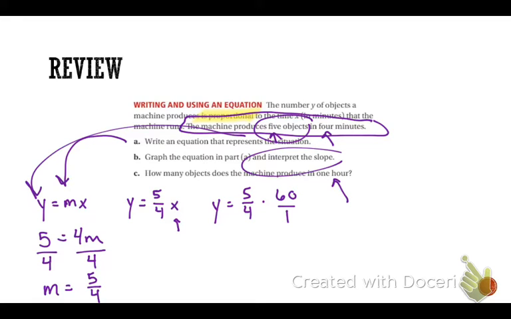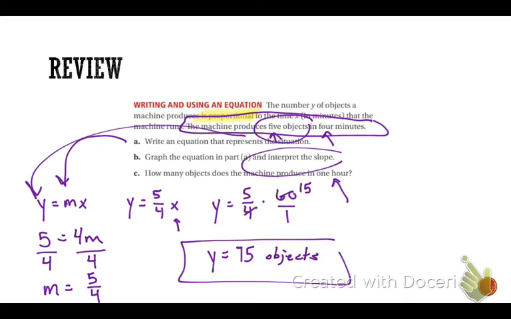What could I cross reduce? 4 and the 60 to 1 and 15, I believe. So Y equals, and remember, Y stands for objects. So what I'm saying is the number of objects produced in 60 minutes, Y equals 75 objects. And you could take any value now. Now that you know the rate, you can take any value. So again, it's just practicing interpreting the slope.